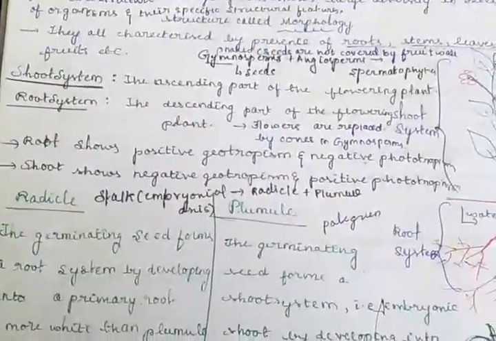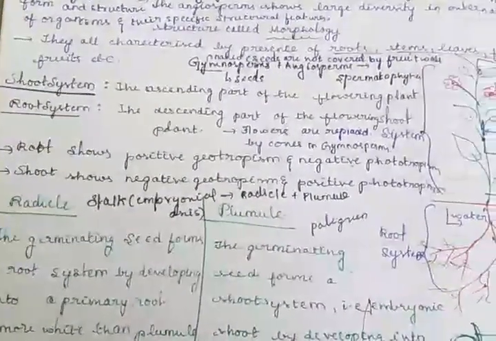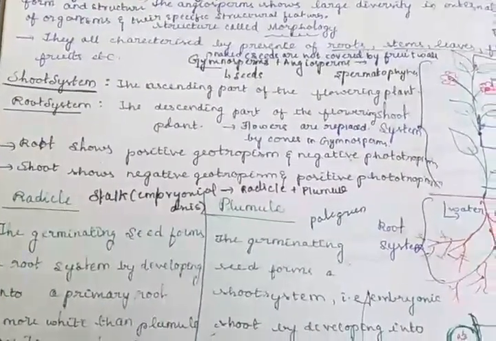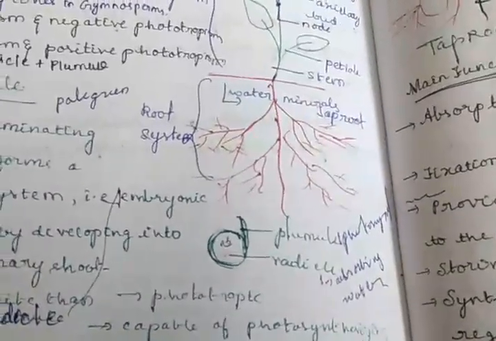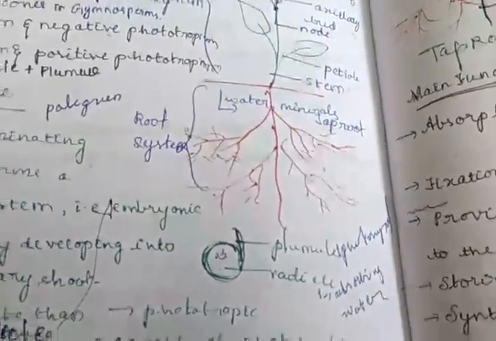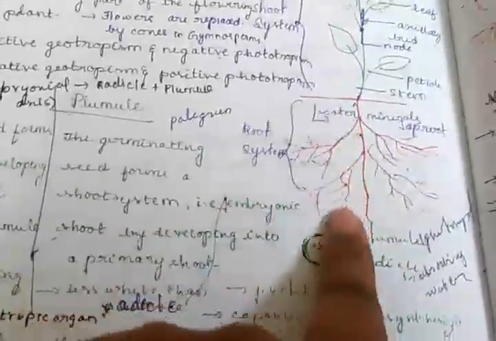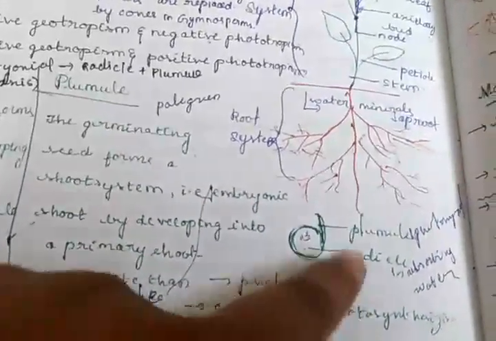Next, root shows positive geotropism and negative phototropism. Positive geotropism means it grows towards the soil, in this way. It is negatively phototropic. Phototropism means sunlight.